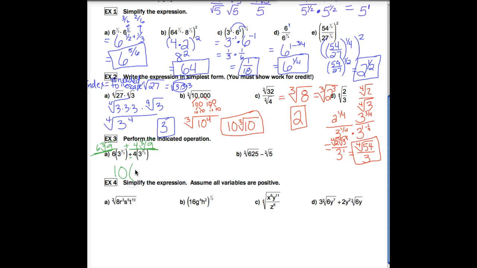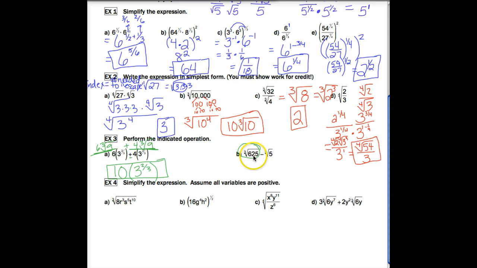Now, you do need to keep it in the format of the original, so go back to writing it like this. But all you're doing is saying, I have 6 of them, I'm adding 4, so I get 10. And that's it.